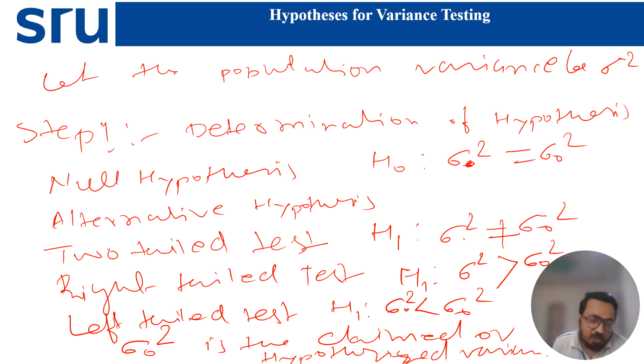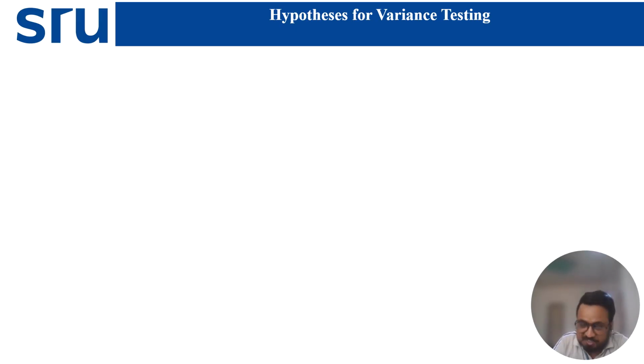So this is step one. In step one, first we determine the hypothesis as a null hypothesis and an alternative hypothesis. Then in the next step we will find the test statistic value.